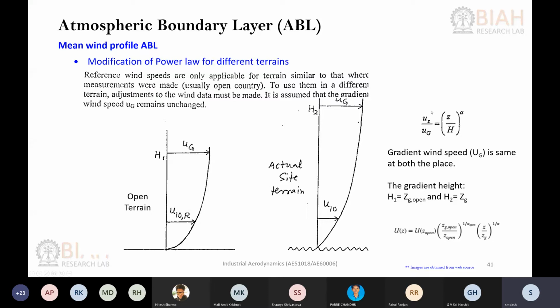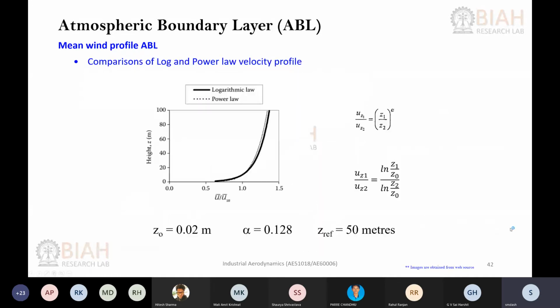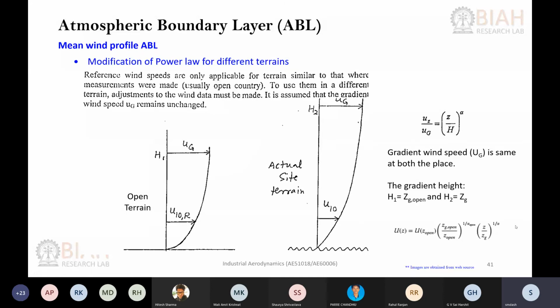That is simple mathematics you need to just do, and you can find out what will be your UZ in terms of this reference condition, which is UZ open, your reference condition. So you can see that this will be the final form of the equation.